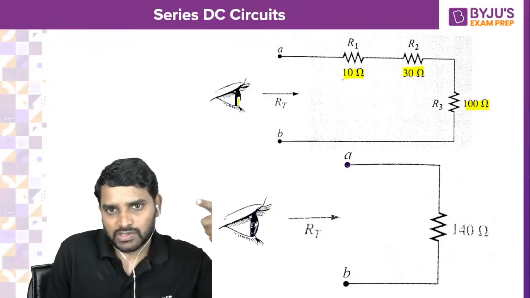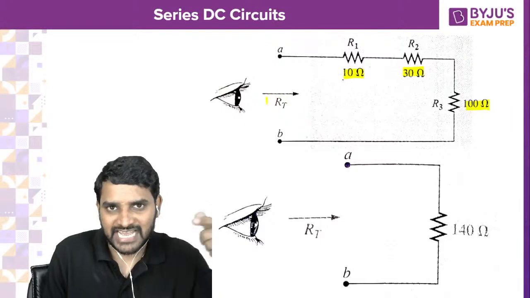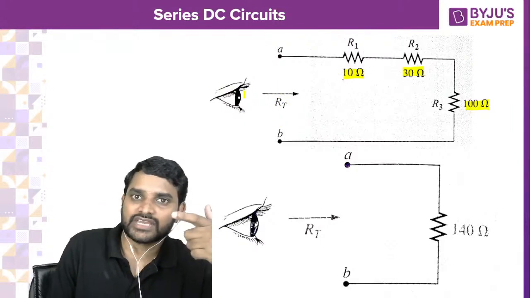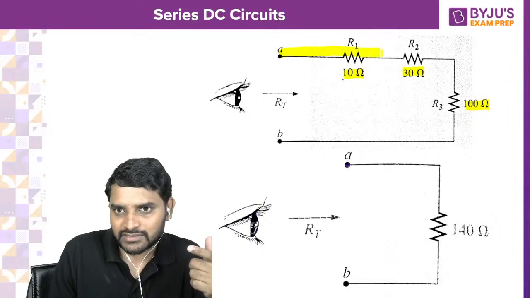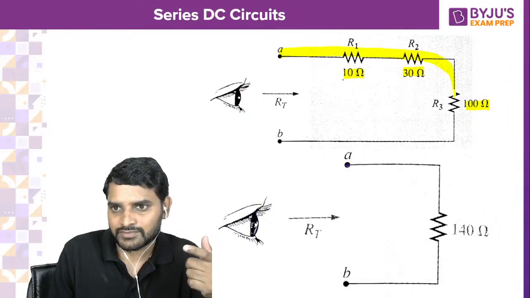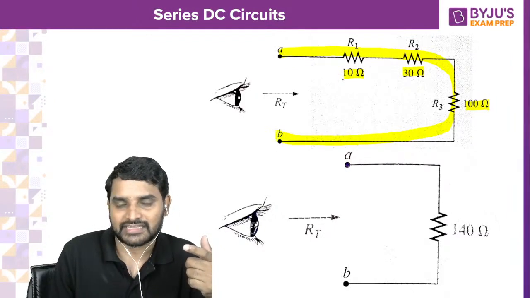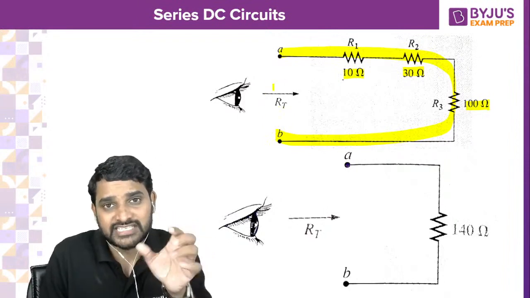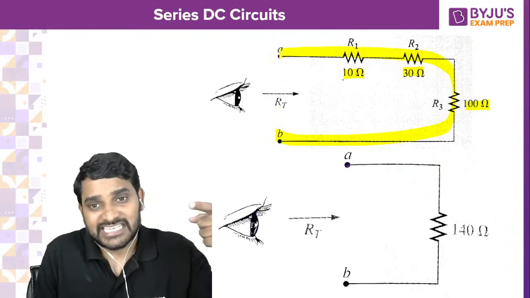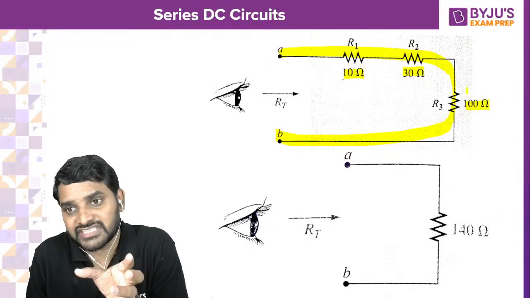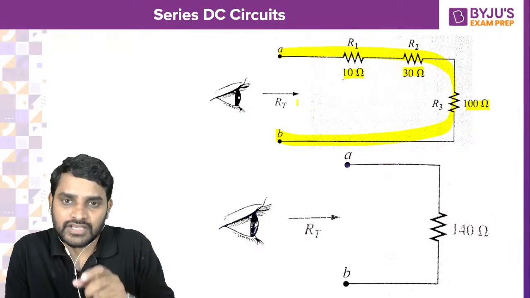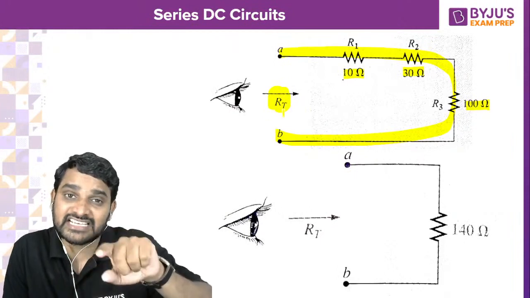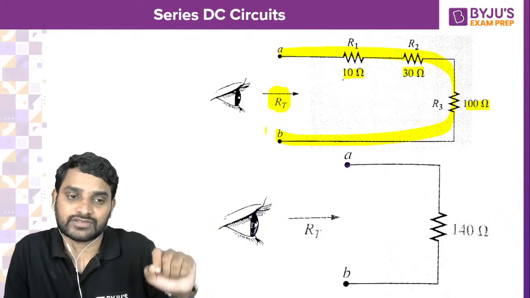You have to look from the AB terminals. If you look into the AB terminals, the current is passing through 10 ohms, 30 ohms, 100 ohms and coming back like this. The voltage source is pumping a current, and this much opposition is offered to the voltage source. So the total resistance is the resistance offered to the voltage source.